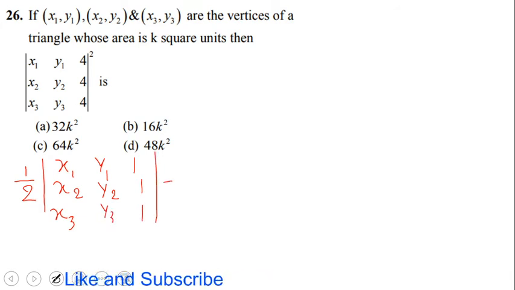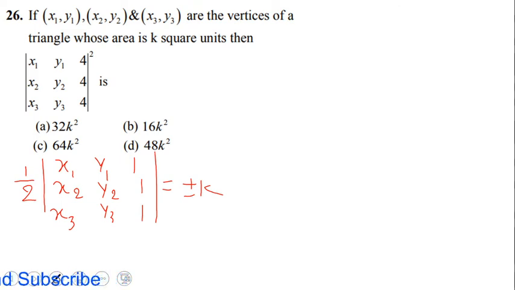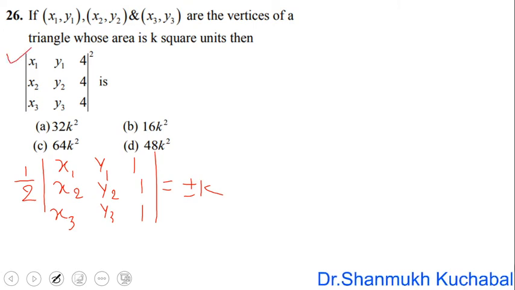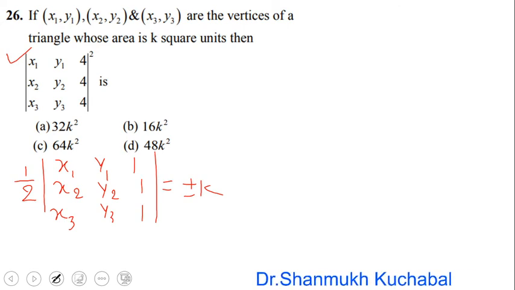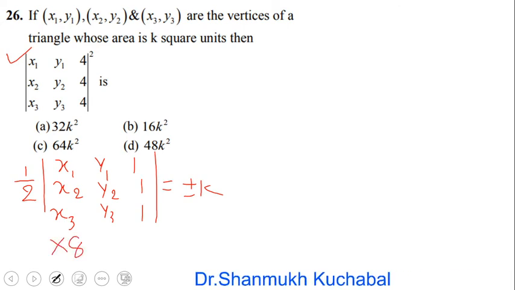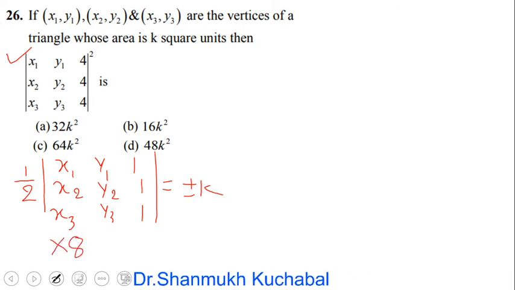This is equal to plus or minus k. Actually, the number is not multiplied inside this determinant, so we will multiply by 8 here, so that 4 will get inside.